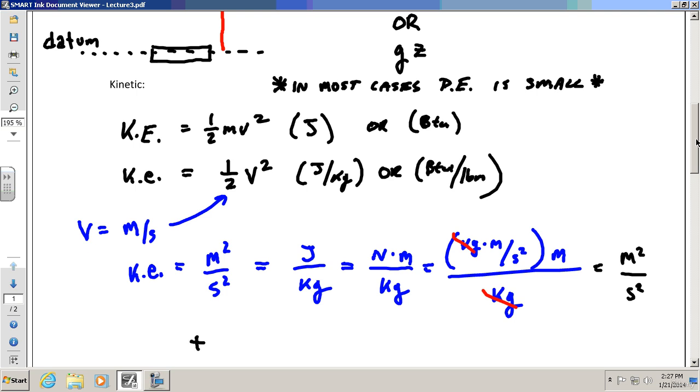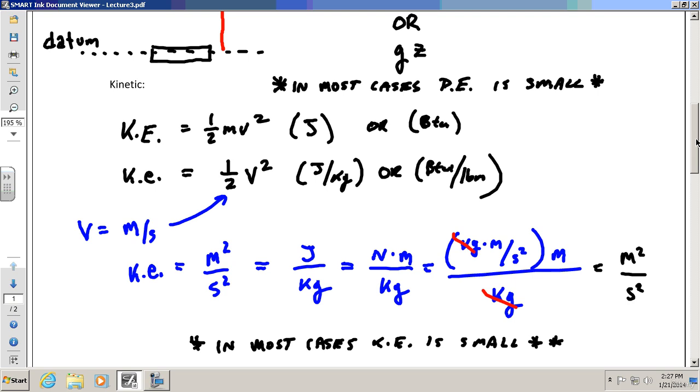Again, in most cases, not all, kinetic energy is small relative to the other energies that we have. Not always, because obviously if it was always small, we wouldn't touch it. We'd probably ignore it. But in most cases, kinetic energy is small.